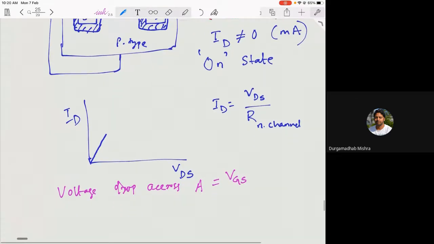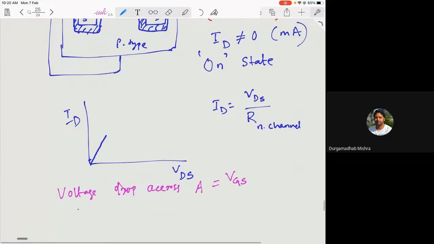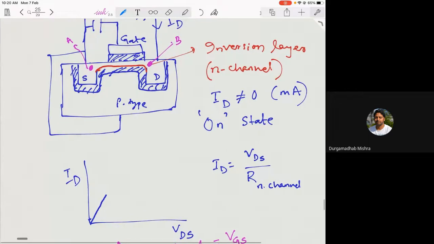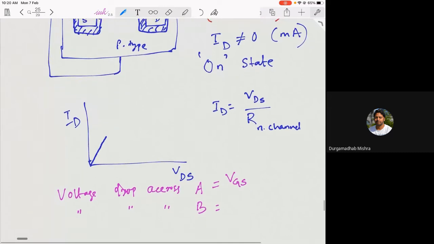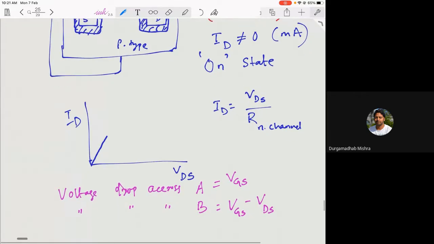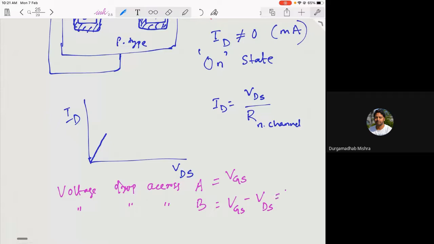Now what is the voltage drop across point B? Across point B, which is close to the drain side, that voltage will be VGS minus VDS, which we call VGD.